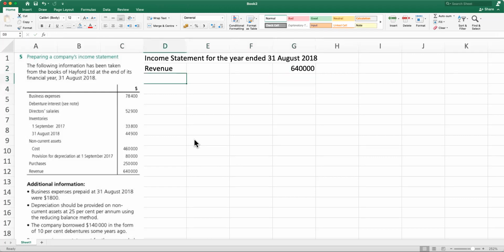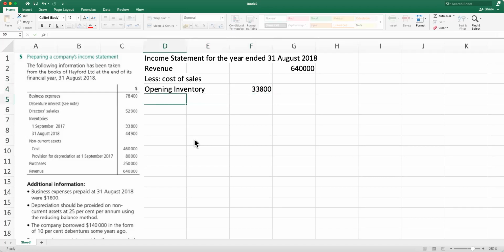And then we have to less cost of sales. So you just use your opening inventory, 30,800. Then add your purchases, 250,000, which gives 283,800.